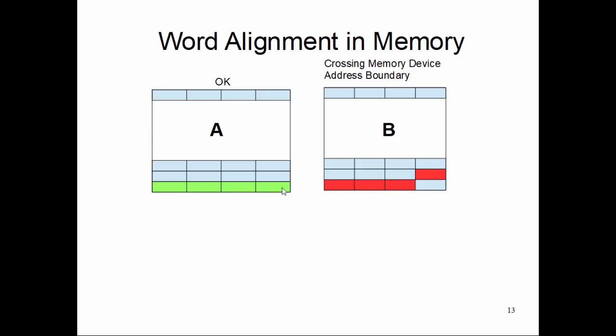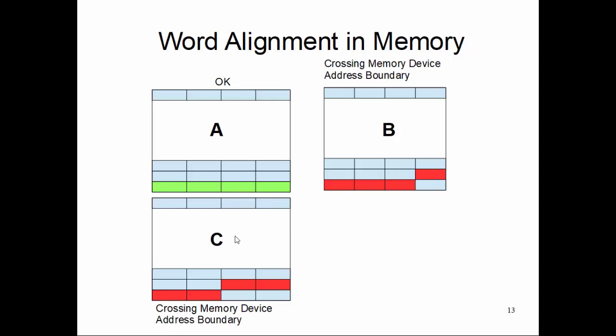Now load word at 1, what does it mean? From this row take 3 bytes, and from the next address, which is address 1 of the memory device, pick up the LSB. Same for a load word from address 2: again it crosses the memory device address boundary, where we need 2 memory reads.